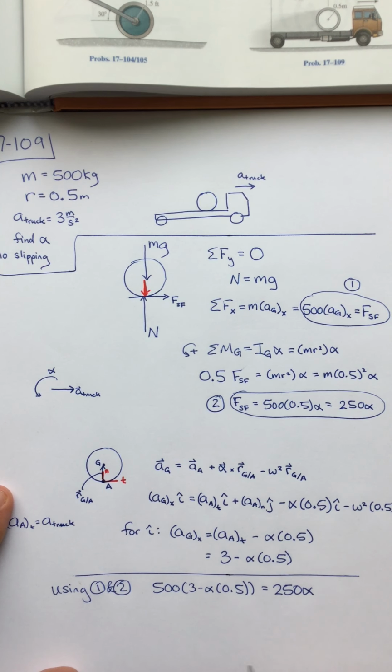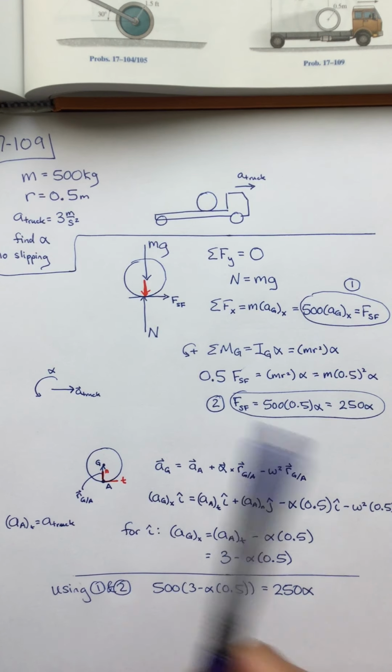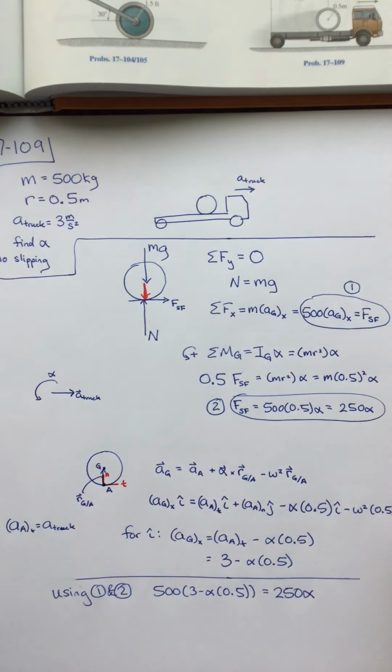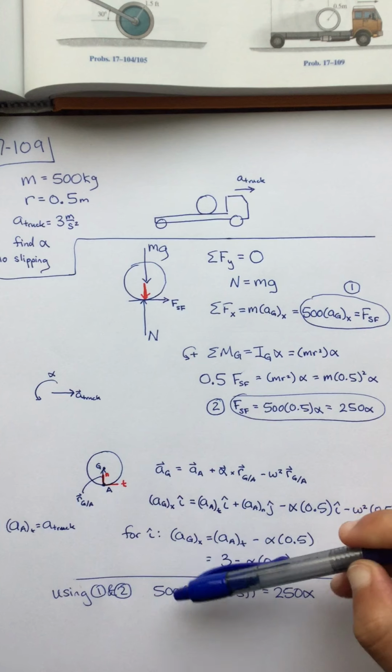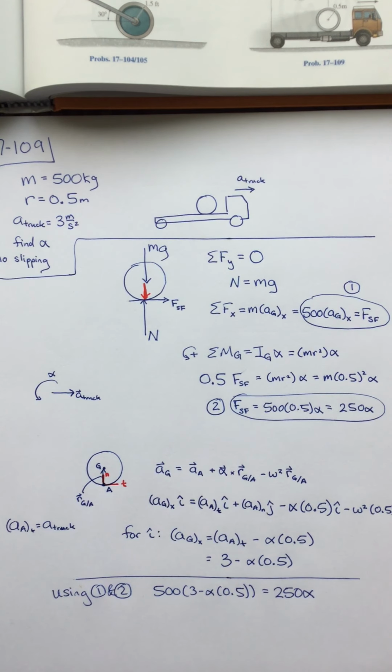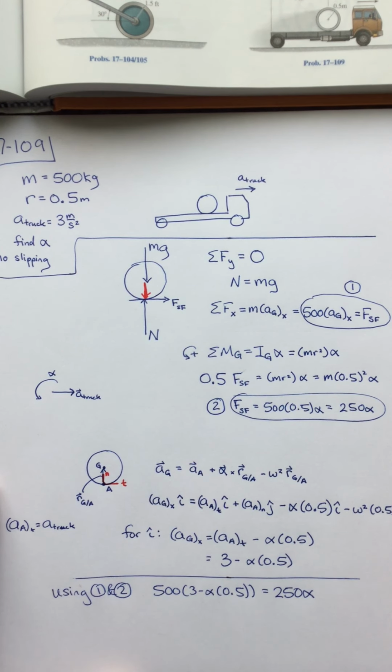The mass was 500. The mass is the 500 that I have here, and in this equation here it was the mass times 0.5, so the mass cancels out, so the mass of the culvert does not matter.